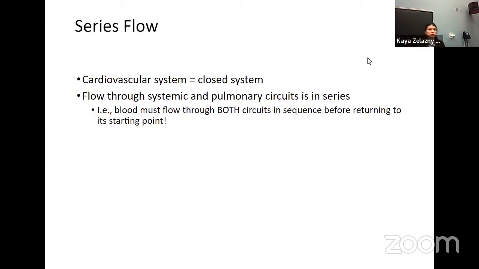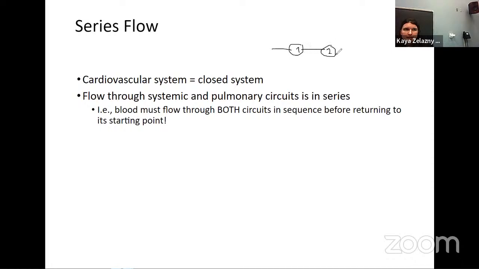So flow, if we talk about the systemic circuit and the pulmonary circuit together, count as in series, right? So we have 1, 2, that's series, okay? And that's because we have to go first to the pulmonary circuit, right? So lungs is pulmonary, okay?